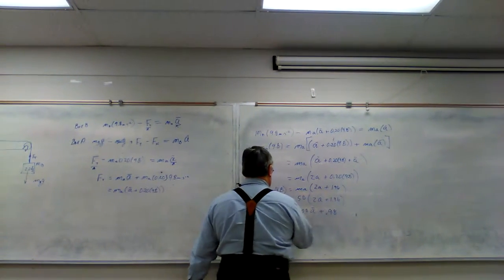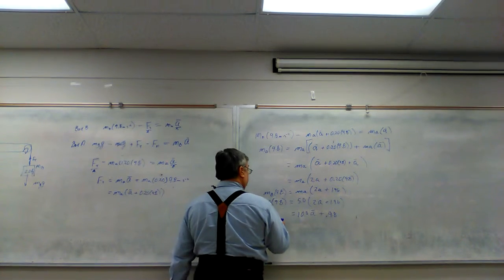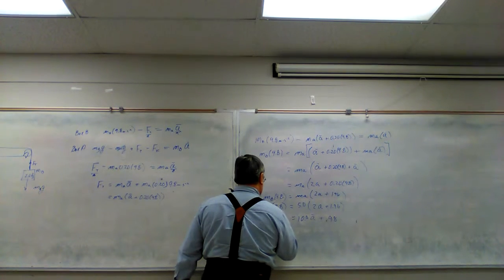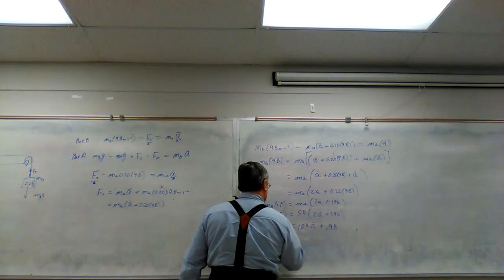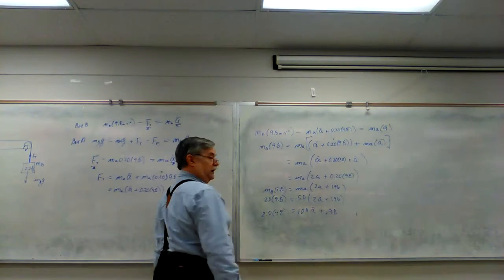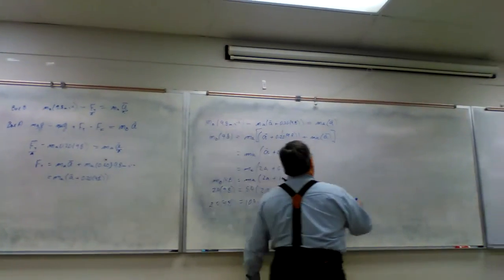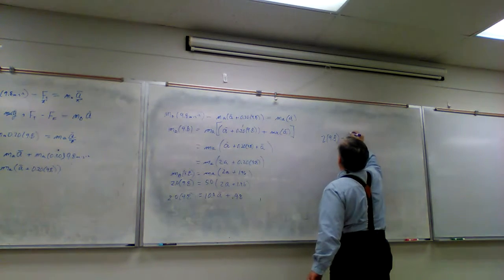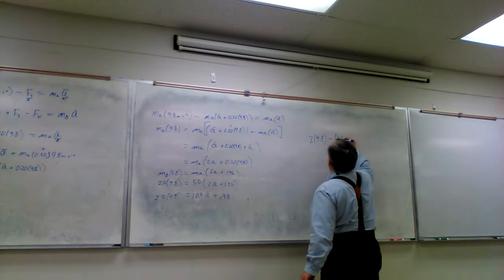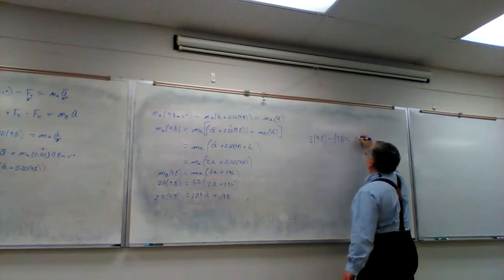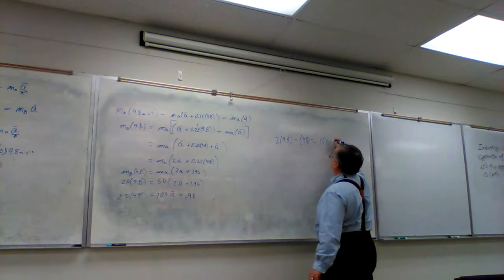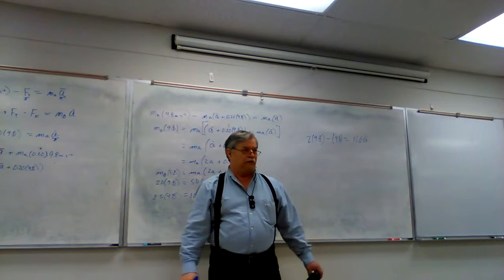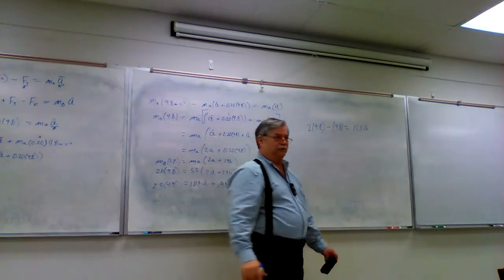And that's equal to 2 times 9.8. Hold on, before we do that, we're going to save us some arithmetic here. Let's subtract 9.8 from both sides, and we end up with 2 times 9.8 minus 1 times 9.8 is equal to 10 times acceleration. Well, 2 minus 1 is pretty easy, even for me to do arithmetically.